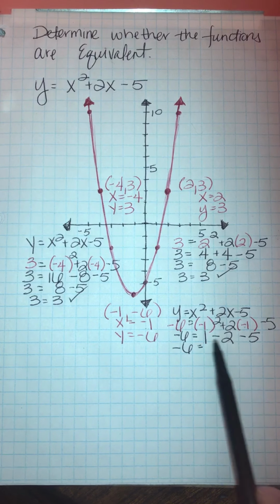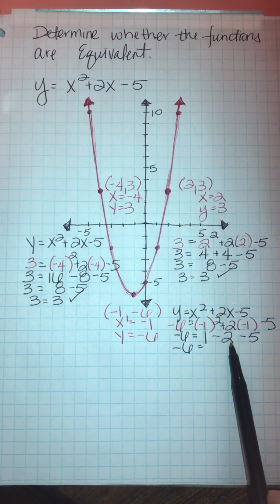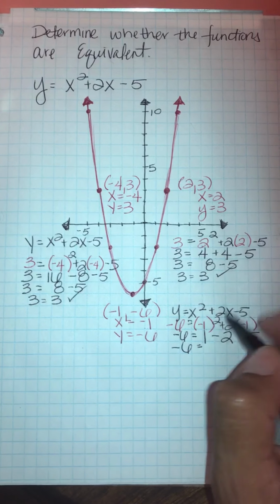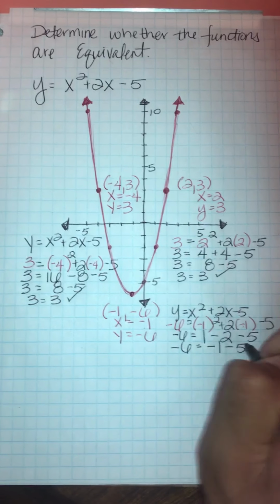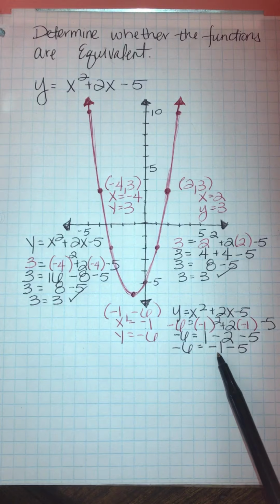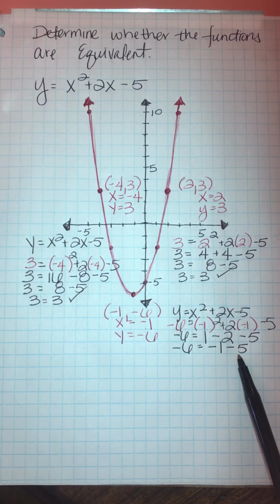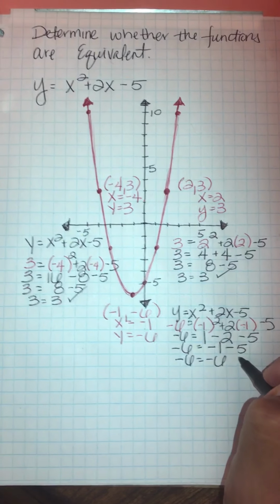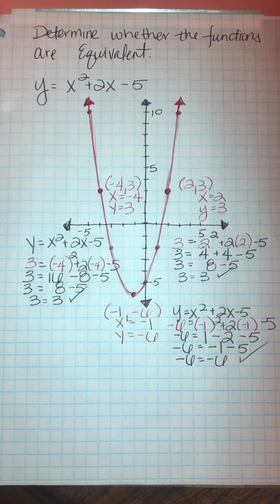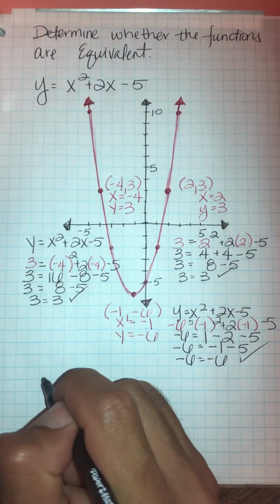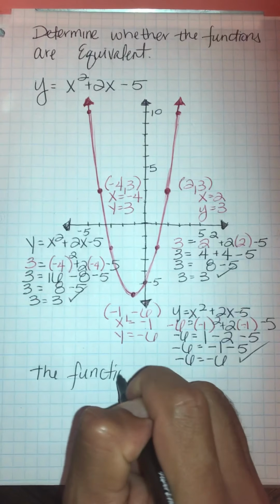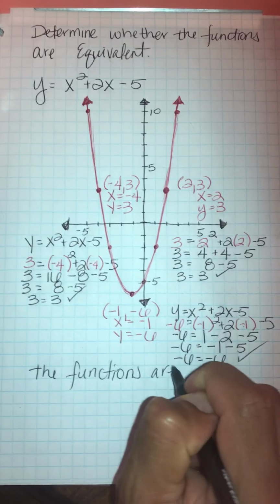There are opposite signs, so we subtract and carry the sign with it. 2 minus 1 is 1, but the 2 is the bigger number, which is negative, so it's -1 minus 5. -1 minus 5 is -6. So we have -6 equals -6. Good. Therefore, they are equivalent. The functions are equivalent.